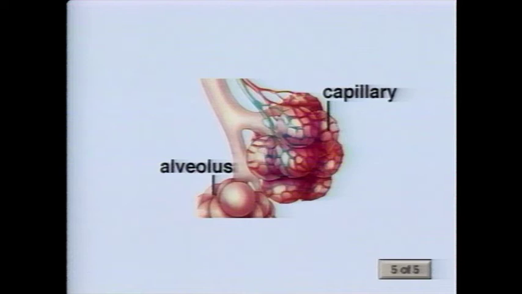Once it gets into the right side of the heart, it goes atria to ventricle, as we know, and then when the right ventricle contracts, it sends that oxygen-poor, carbon dioxide-rich blood to the lungs, right?